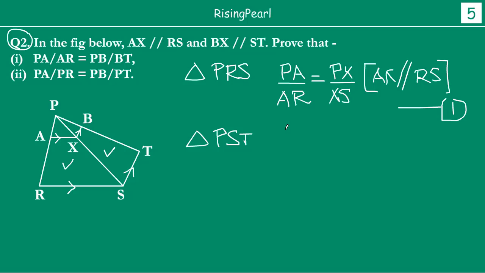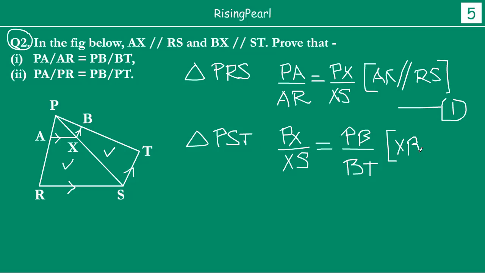So we write PX by XS must be equal to PB divided by BT. Why? Because in this case XB, or BX, doesn't matter how you write it, is parallel to ST. This is given, and so from the theorem we can write it. Let's call this condition number 2.